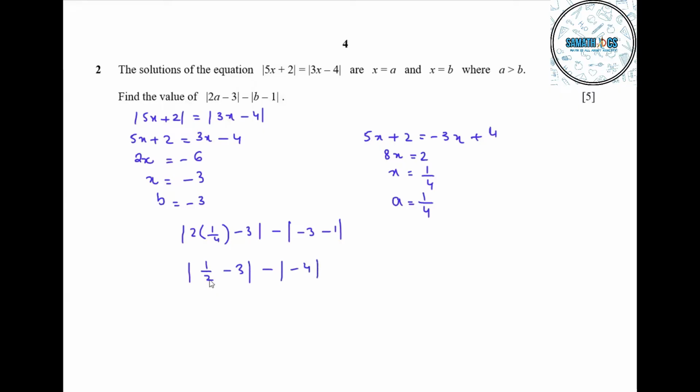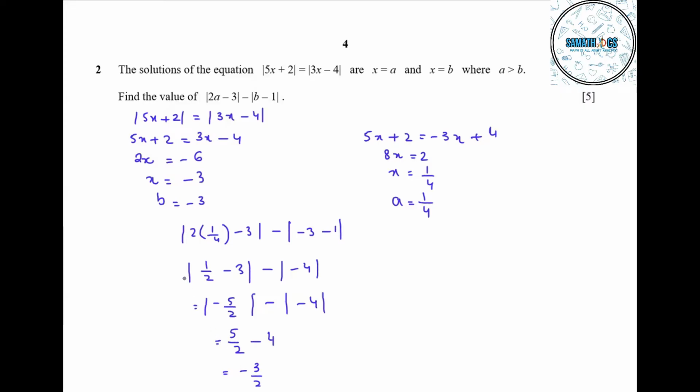So this will give us minus 5 upon 2, because we multiply 2 by 3, it becomes 6, and 1 minus 6 is minus 5. So it will be minus 5 upon 2 and this is minus 4. As it is absolute, we have to take positive values. So 5 upon 2 minus 4, which is equal to minus 3 upon 2.